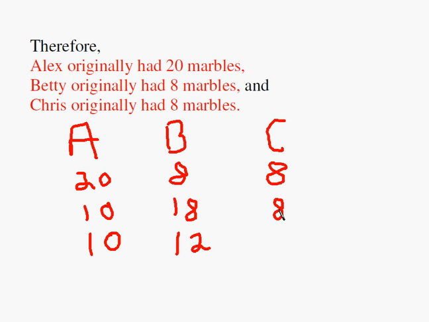And Chris got 6 marbles from Betty, so he must have 14 marbles. And finally, Chris gives Alex 2 marbles. So Alex now has 12. Nothing happened to Betty at this point. Chris ended up having 12. So the answer has to be correct. It works. That's my answer. Alex had 20, Betty had 8, Chris had 8.